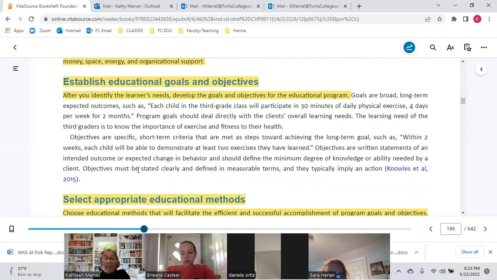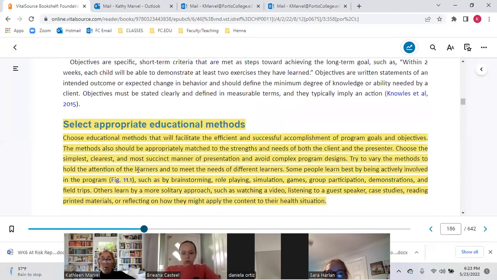So the second part would be to establish goals and objectives. After we identify the needs, we then develop goals and objectives for the educational program. You guys know what goals and objectives are.